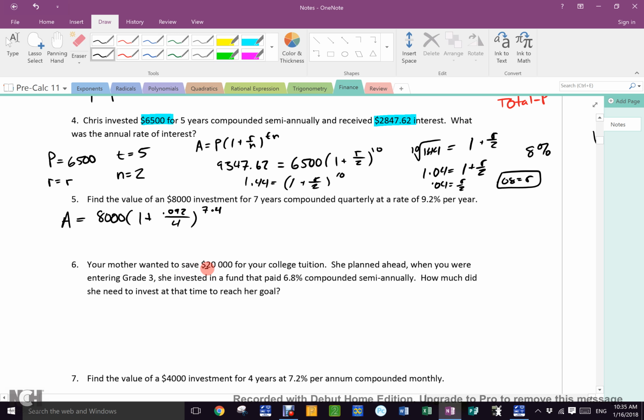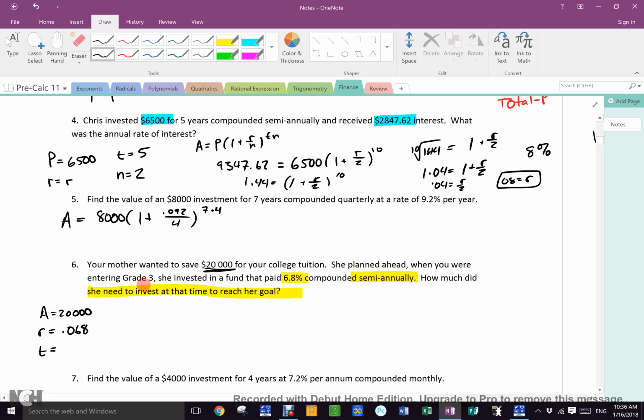She wants to have $20,000 for your college tuition. When you were in grade 3, she invested in a fund that paid 6.8 semi-annually. How much did she need? So what do I know? I know I need 20,000. I know my rate is 0.068. I know my time. How many years? Grade 3.